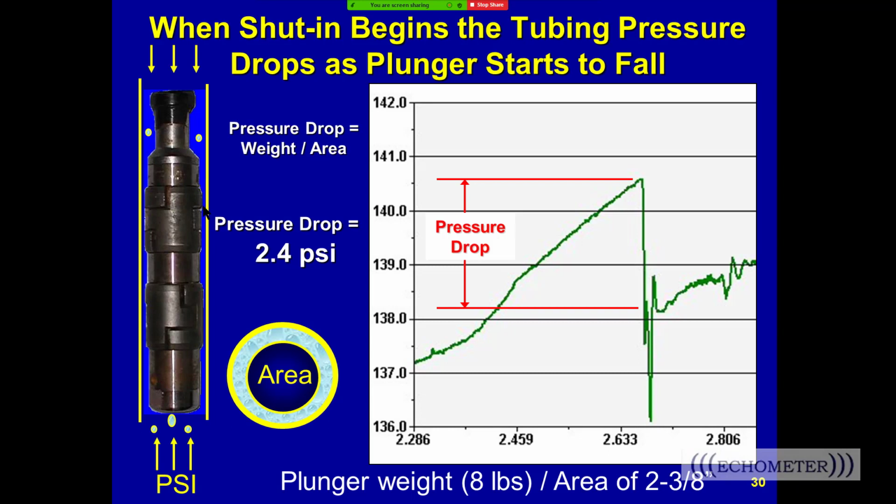It's very difficult, unless the pressure is very high, to see the plunger fall through the liquid. So the primary use would be in wells that have some gas in the tubing. The tubing can't be completely full of gas, or you won't be able to see the plunger perform. So that's probably the main restriction.